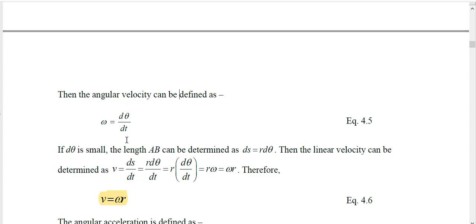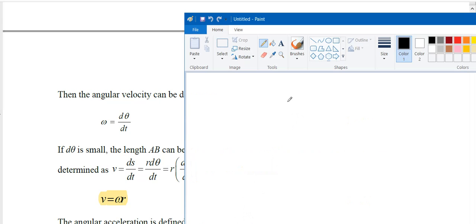So theta by t. Now if it is very small, we can write ds is r d theta. How do we know? From our earlier classes, if there is a circle of radius r and the angle is theta, this portion is equal to r times theta.